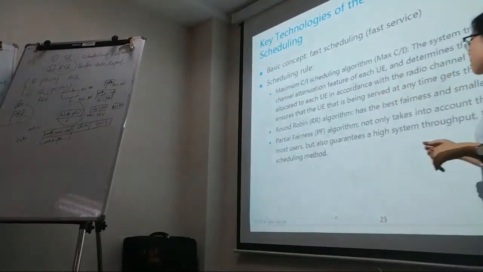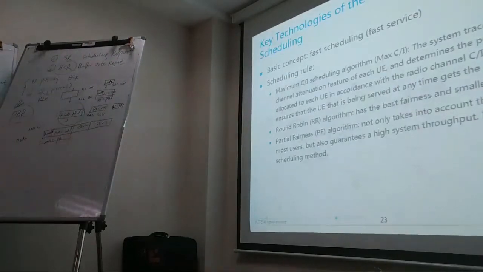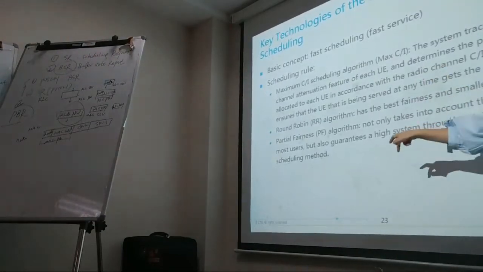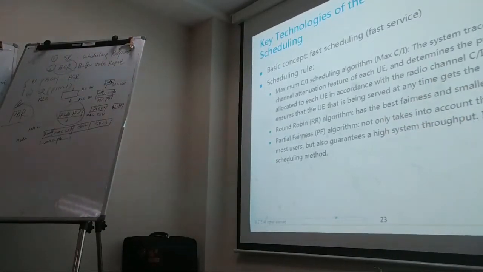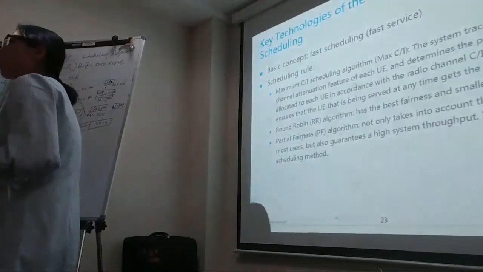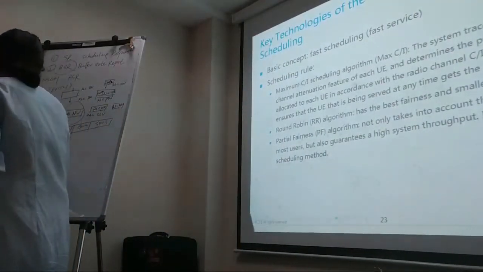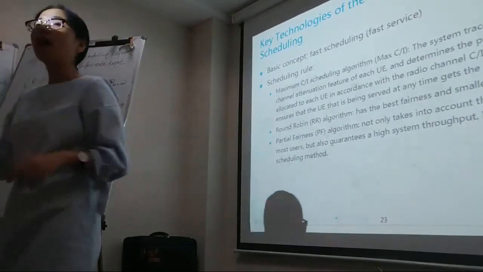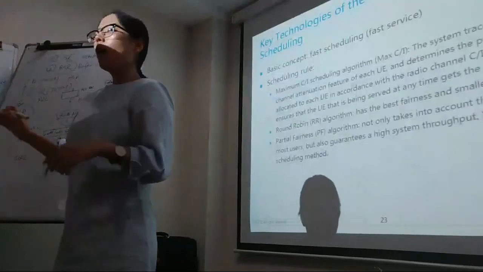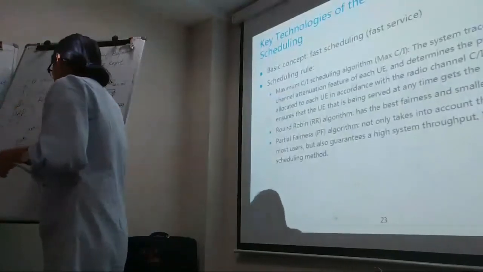It will consider the channel quality, and also the fairness. Before, we only considered the channel quality, for example the CQI, a good CQI, good channel quality. We use a good channel, and also we need to consider the fairness.